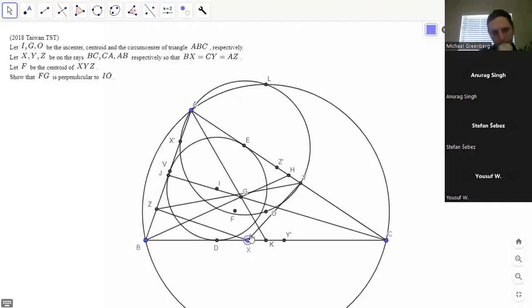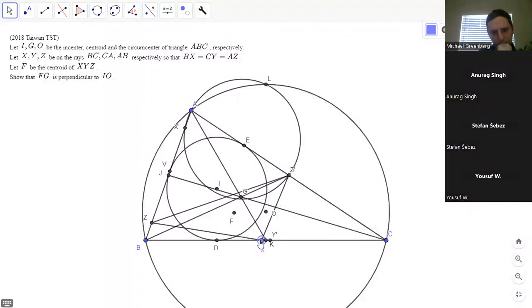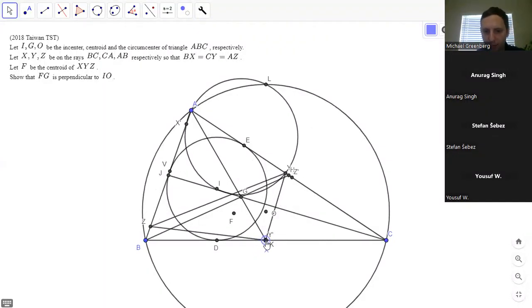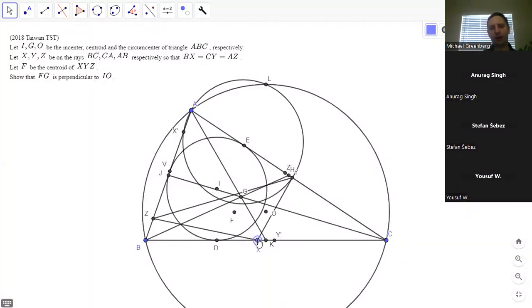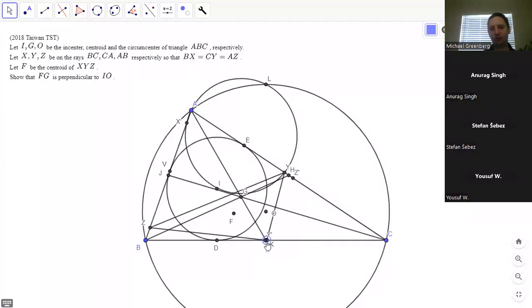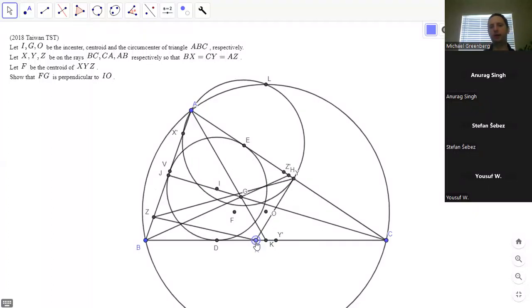Wait, how can we interpret this weird length condition actually? How do I interpret what? This length condition. Oh, so are you asking how I know that if we can prove it for any point X, then it'll show it for the whole problem?